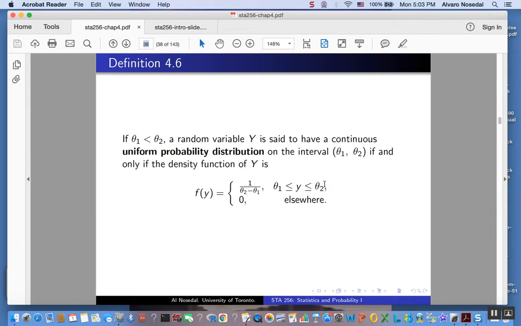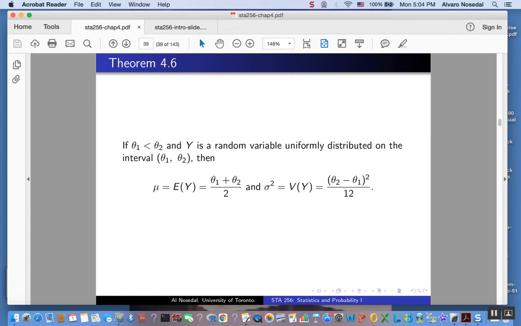Okay. So now let's talk about the expected value and variance for that random variable. First, let me remind you that the expected value is just a numerical summary of center.